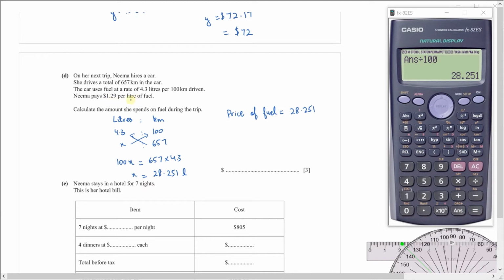So 1 liter of fuel costs $1.29. 28.251 will cost this multiplied by $1.29. So this multiplied by 1.29, this gives you $36.44. So your answer here will be 36.44.